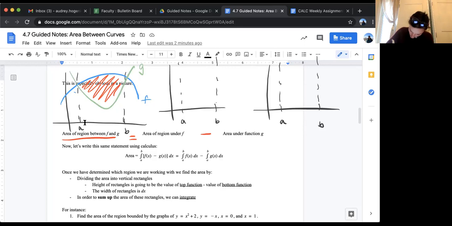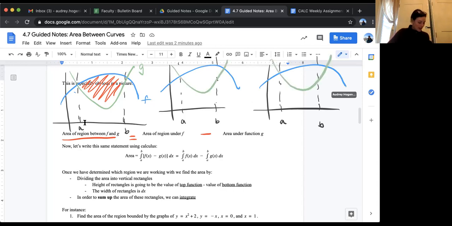So we have F, F, and G, G. And the area of the region between these two functions is equal to the area of the region under F. So the area of the region under function F is going to be this in blue, right? Under F and between F and the x-axis.